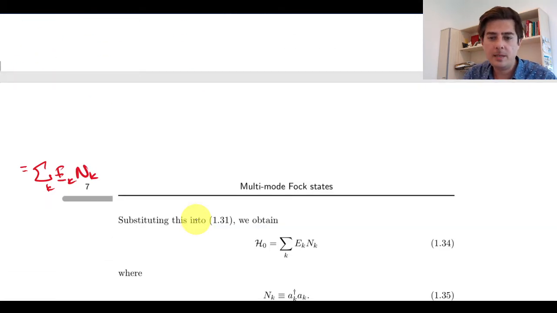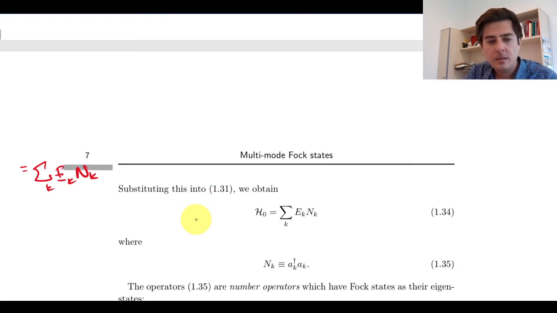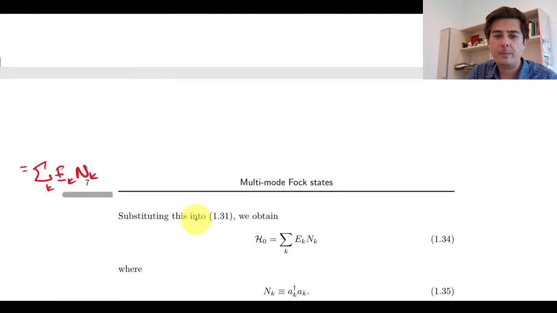Okay, so this is our definition, E K N K. Basically what this says is that the total energy of the system is the number of particles, because this is a number operator, multiplied by the energy of that particular state.